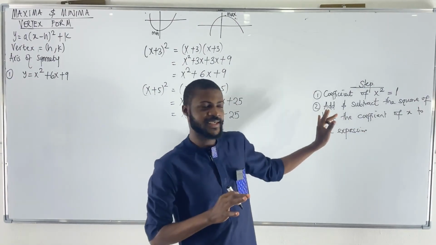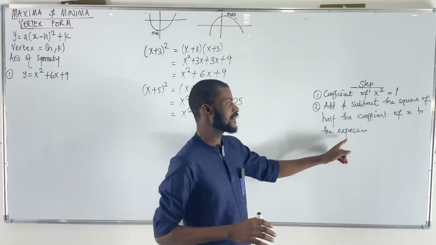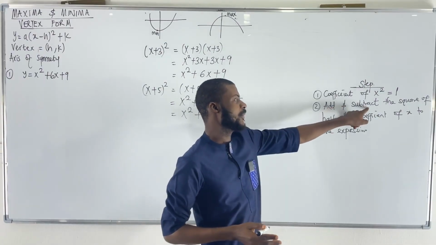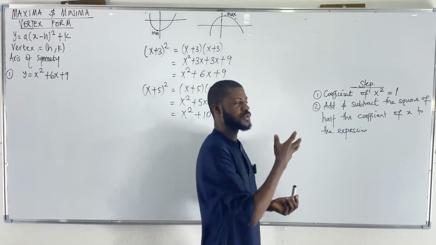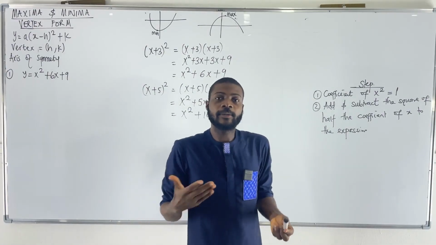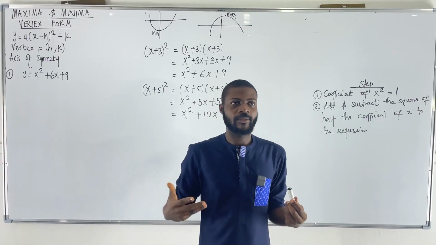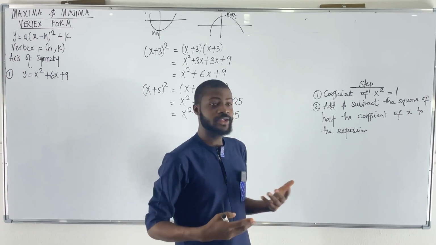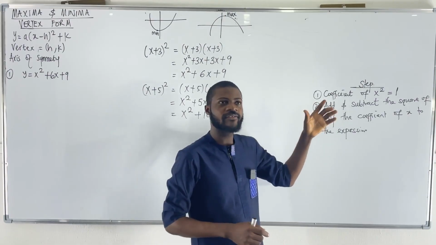Now when you do this, you're going to notice that you're adding something, you're also removing it. I would explain why that is. In step number 2, you are unbalancing the equation. In future examples, you're going to learn why that is. In making your vertex form, when you add up something, you kind of unbalance it.